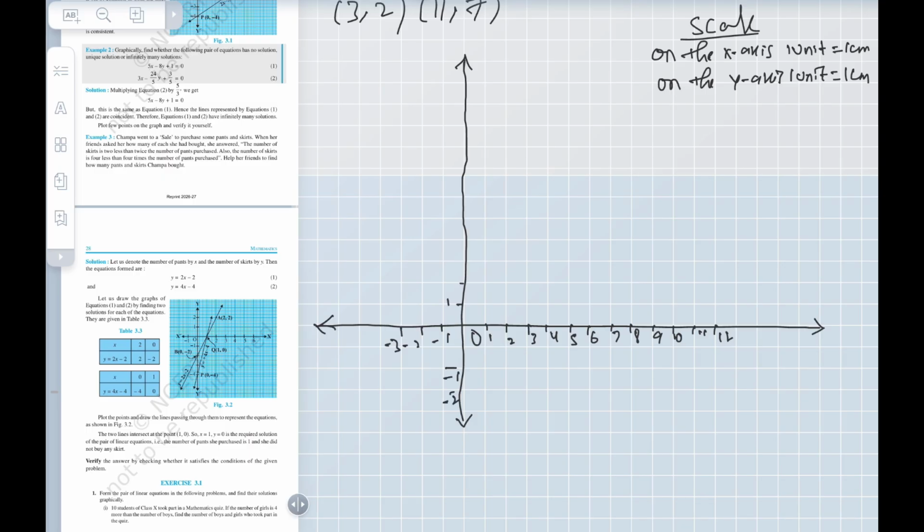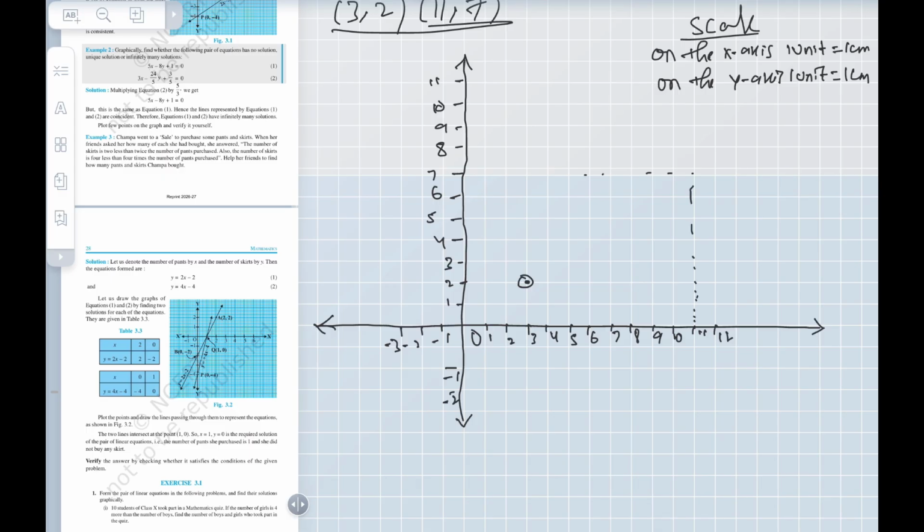Next 1, 2, 3, 4, 5, 6, 7, 8, 9, 10, 11. Okay, 3 comma 2. So x value 3, y value 2. So here is one point. Another one, 11 comma 7. So x value 11, y value is 7.